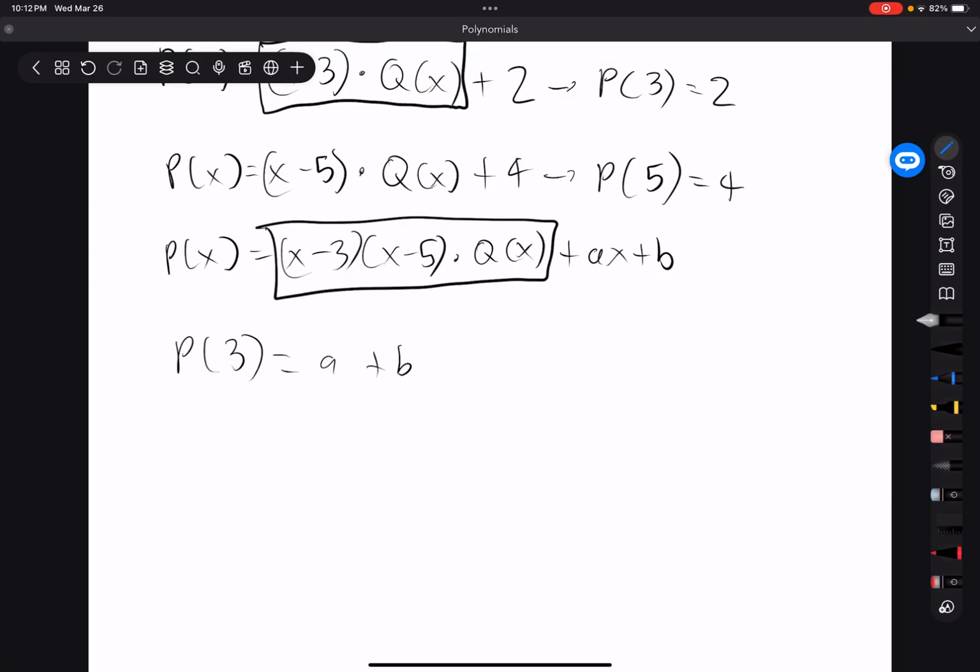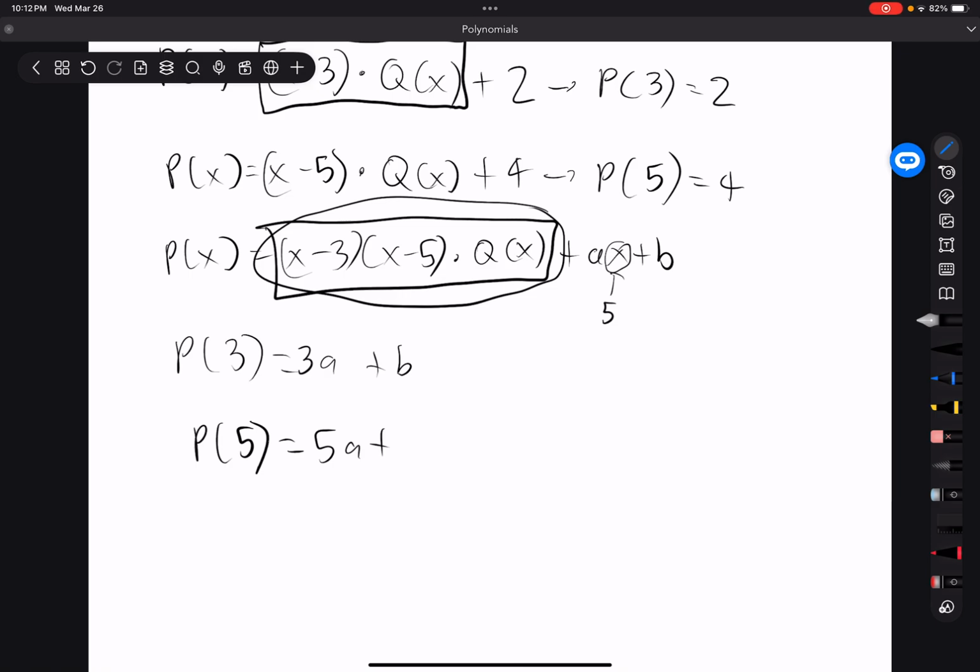So this is actually just going to be 3a plus b because x equals 3. And p of 5 is equal to, when you plug this in, these first terms will cancel, and you're just left with 5a plus b. You know that p of 3 is already 2, so 3a plus b equals 2. And you know that p of 5 is already 4, so 5a plus b equals 4.